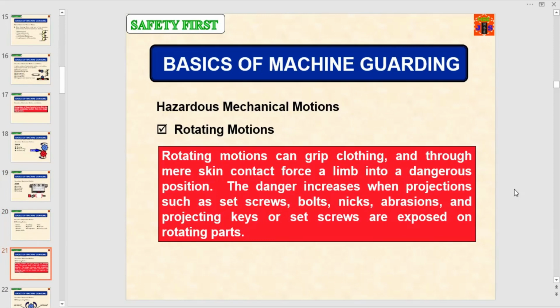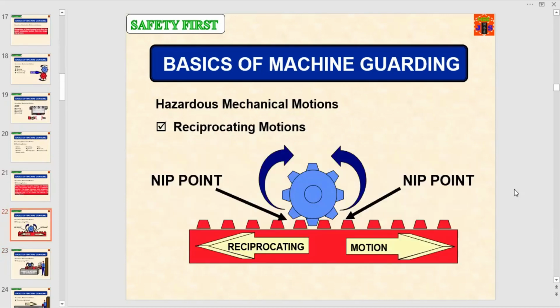The danger increases when projections such as set screws, bolts, nicks, abrasions, and projecting keys are exposed on rotating parts.